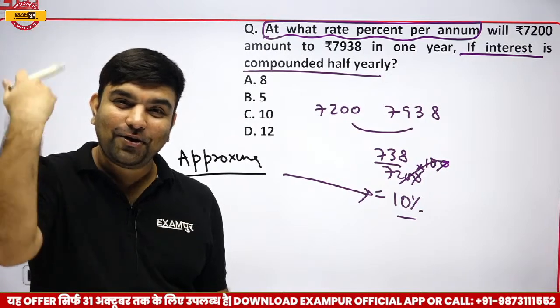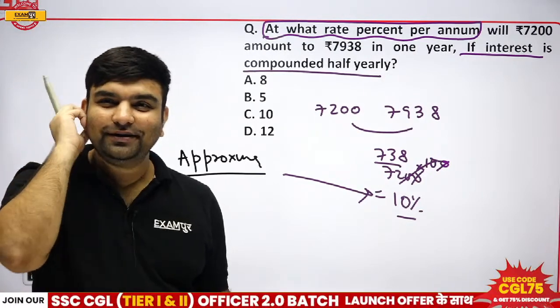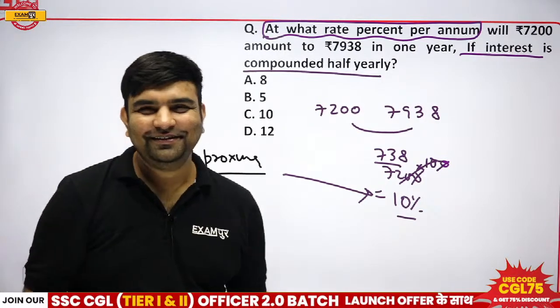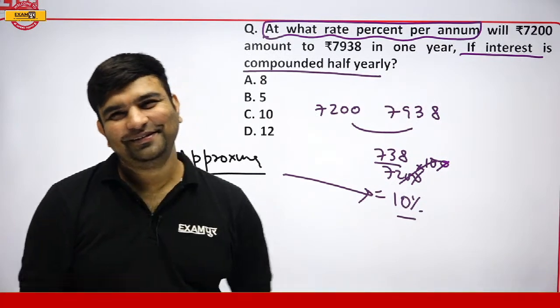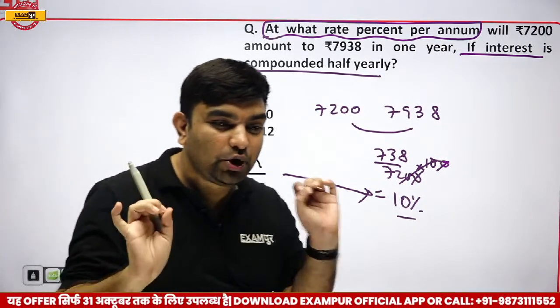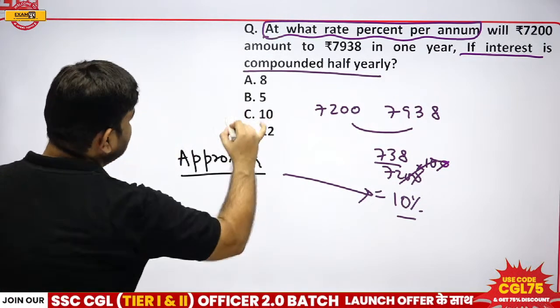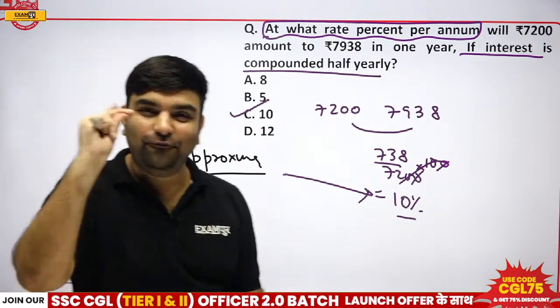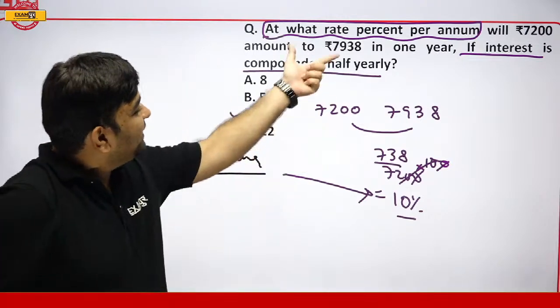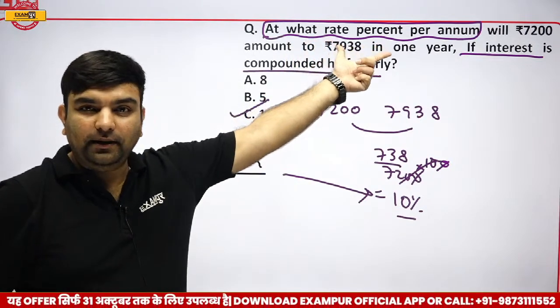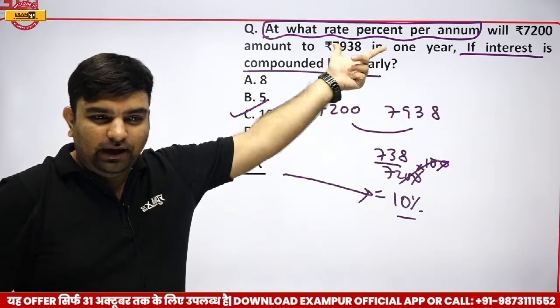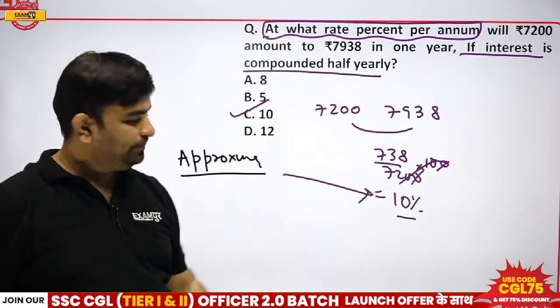Congratulations. Answer is 10. See why? Because they are asking the rate percent per annum.